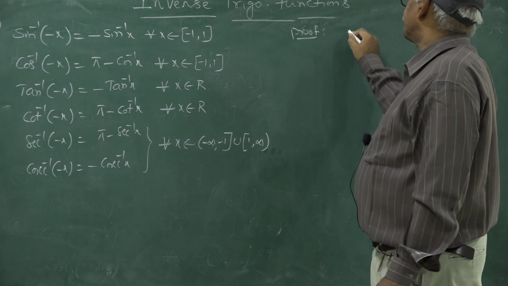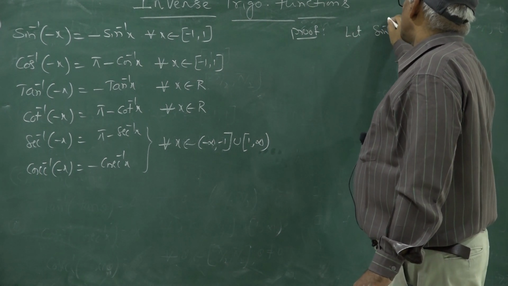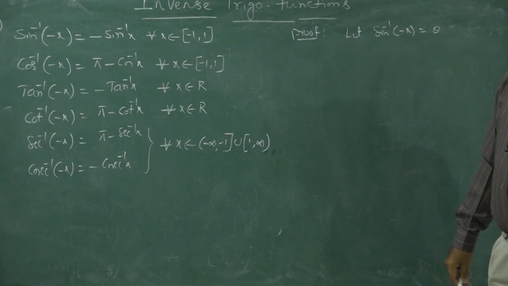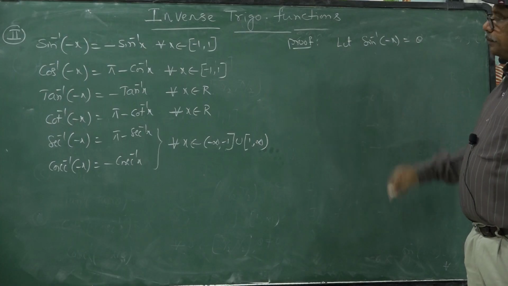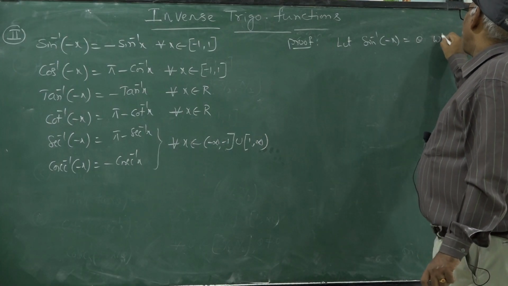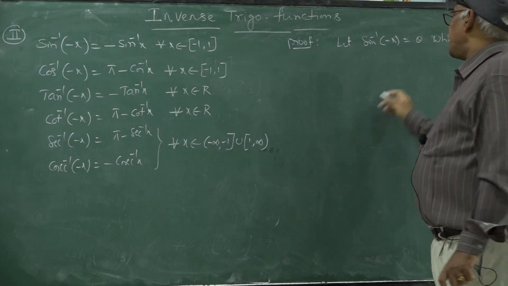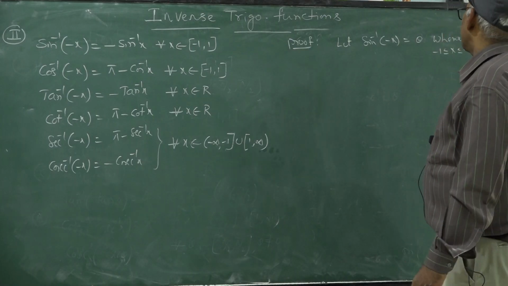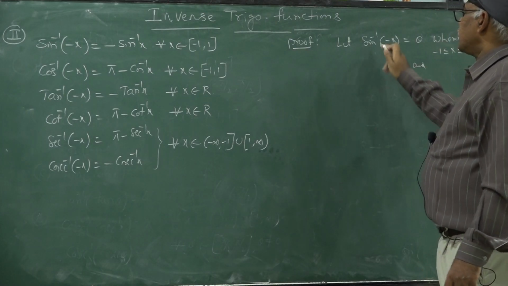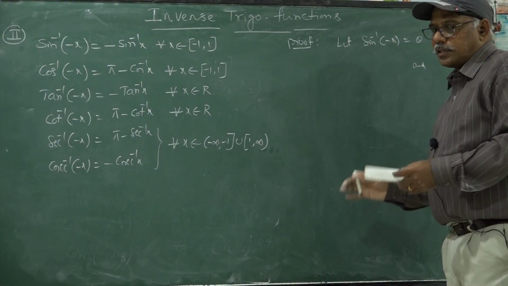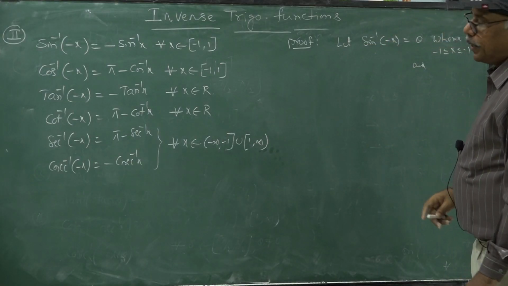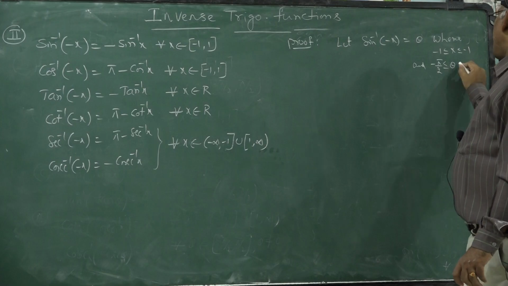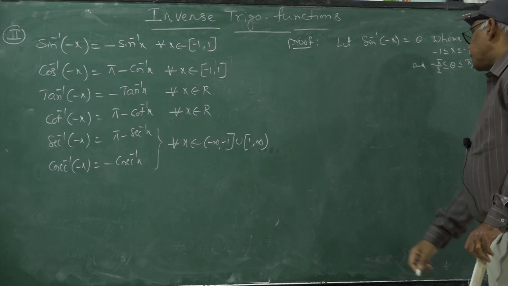For that, let sine inverse of minus x equal to theta, where x lies between minus 1 and 1, the given domain of x, and since sine inverse value lies between minus pi by 2 to pi by 2, I will take theta in its principal branch values as minus pi by 2 to pi by 2.